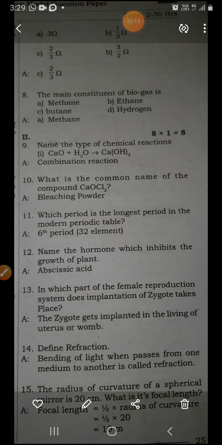Remember the unit, 10 centimeters. So that will be the focal length of this spherical mirror. Very simple: focal length is equal to half into radius of curvature, that is half into 20, which is 10.